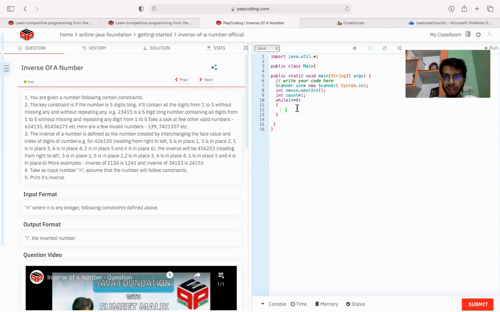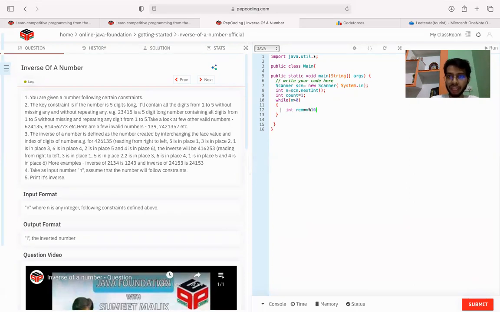Next, I need to find the remainder of that number. So int remainder equals n modulo 10.